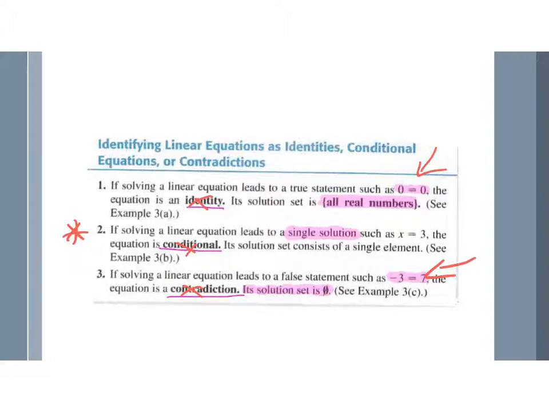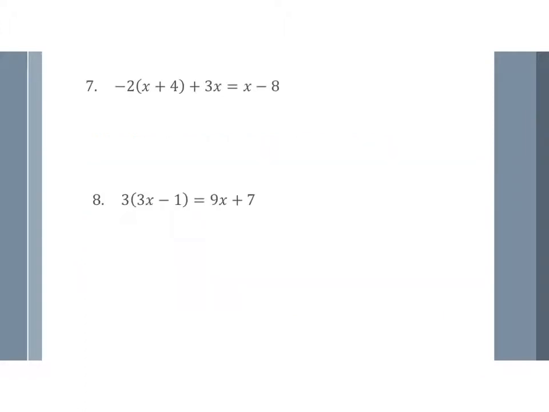So when we're solving this homework, your answers are either going to be x equals a number, a single solution, or it's going to be all real numbers, or no solution. And I'm going to do the examples of the no solution and the all real numbers now. So again, the solving process is the same. We're going to distribute, we're going to combine like terms, combine our variables together, same thing we just did.